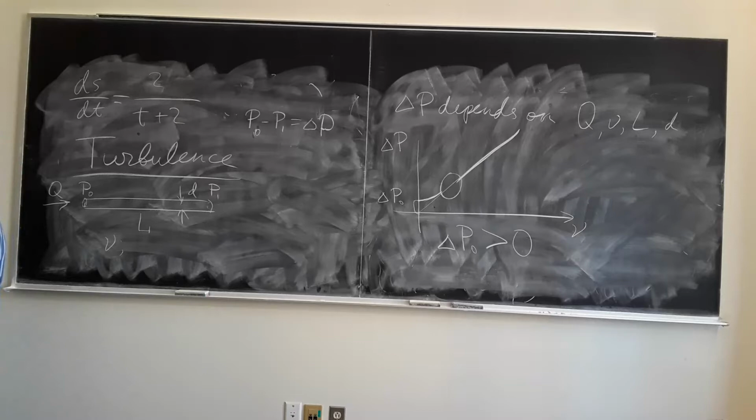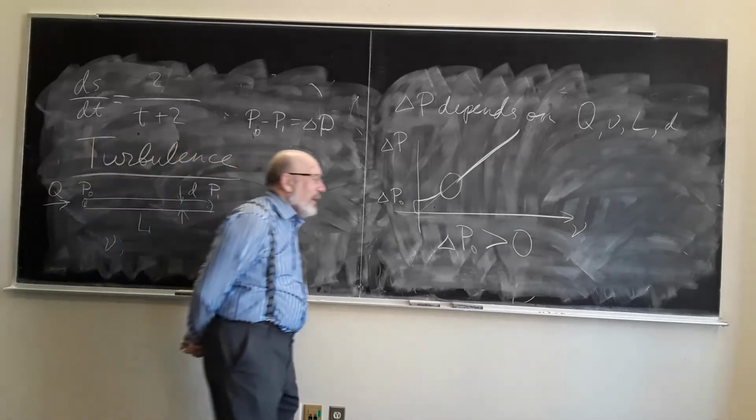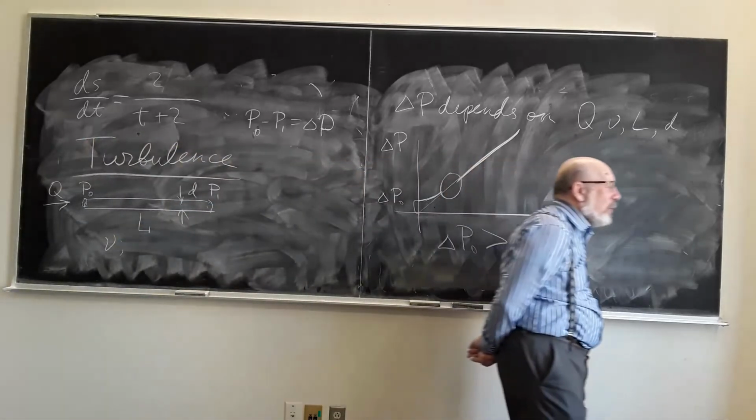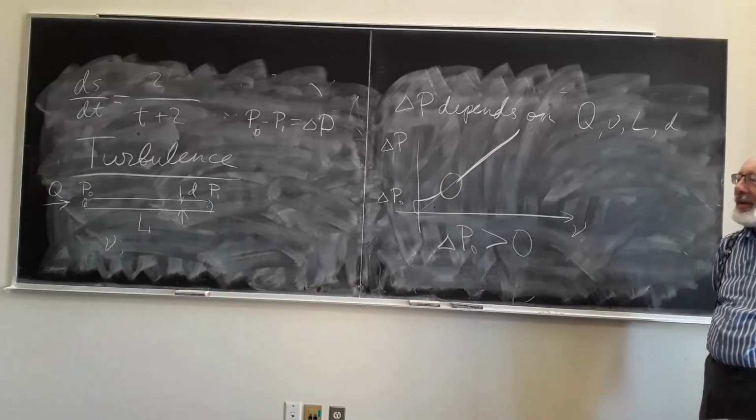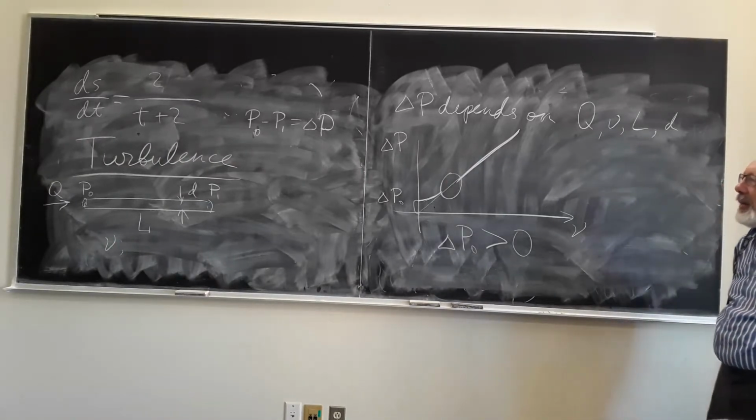What does it mean? How can we explain it? This is the main riddle of turbulence. Turbulence is a mysterious thing because of this. Otherwise, it would not be so principally interesting.